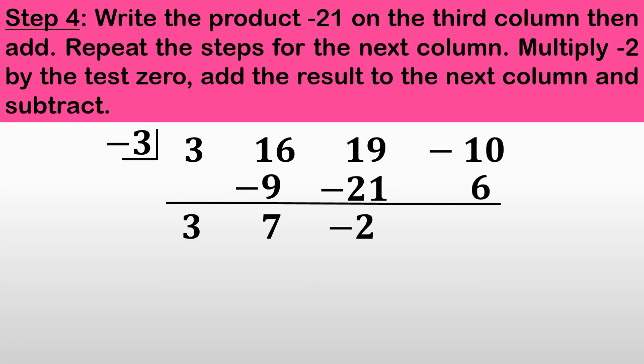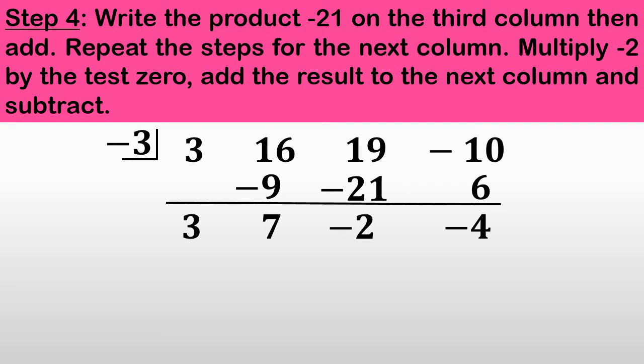So, let's add negative 10 plus 6. The answer is negative 4. So, imbis na nag-add, tayo ay nag-subtract dahil one of the term is negative. And ang ating negative ay nasa mas mataas na number, which is 10. That's why the result is equal to negative 4.